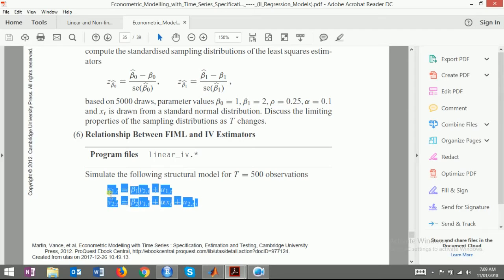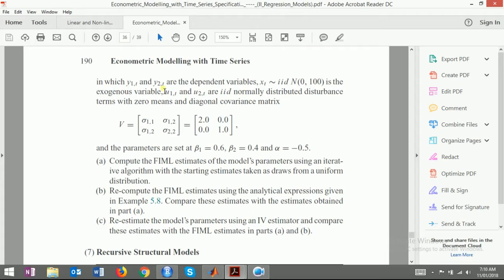This is a structural model, and as we can remember, in structural equation model, dependent variable can be a function of dependent variable and exogenous variable. Okay, always remember. So here we just have one exogenous variable, in which y1t, y2t are dependent variables.